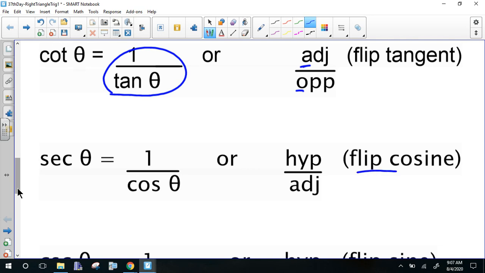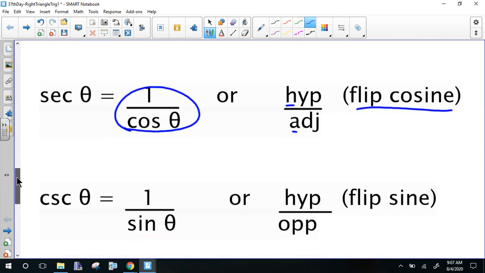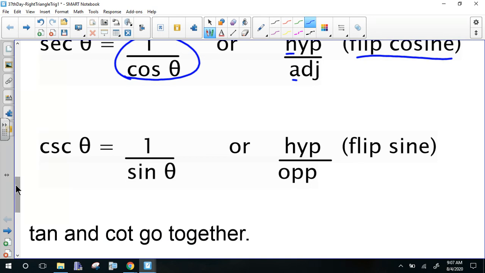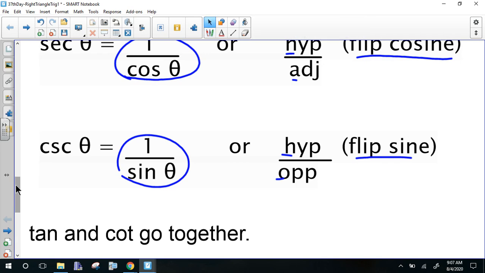Secant, you flip cosine, so it's hypotenuse over adjacent, or 1 over cosine. And cosecant is hypotenuse over opposite, or flip sine, and it's 1 over sine. So tangent and cotangent go together, cosine and secant go together, sine and cosecant go together. They're reciprocals of each other.